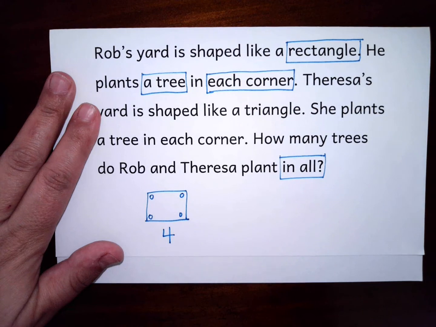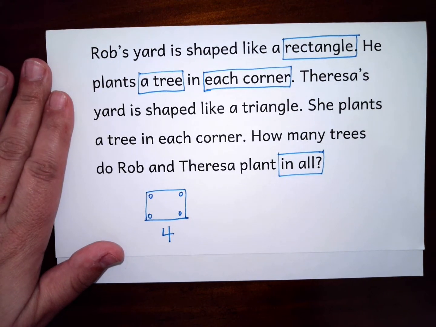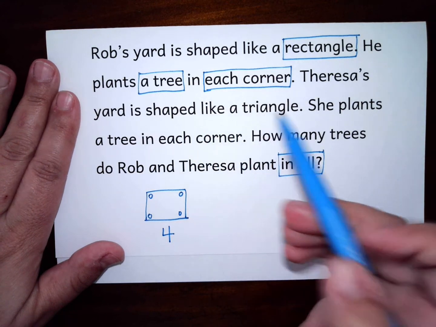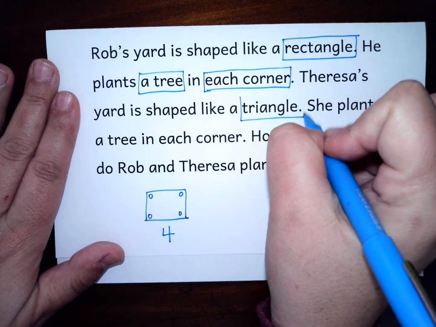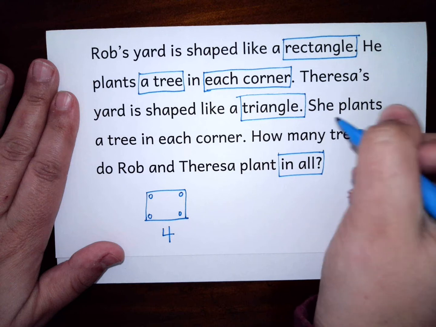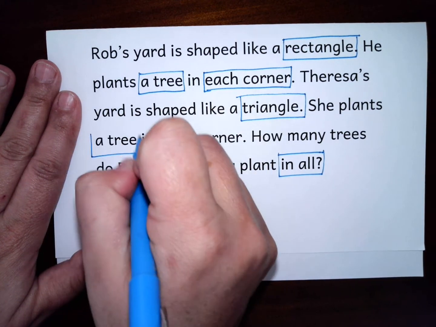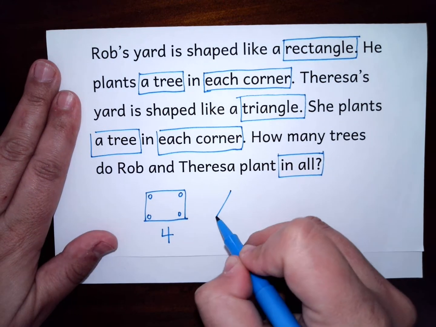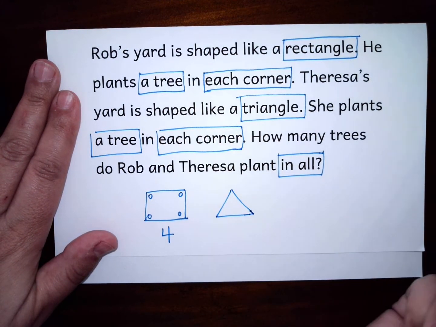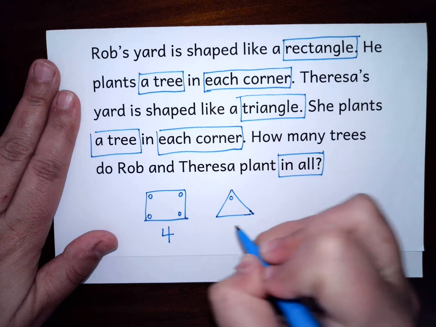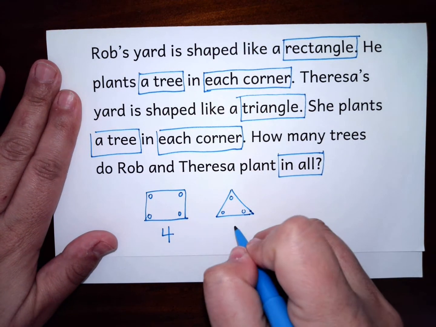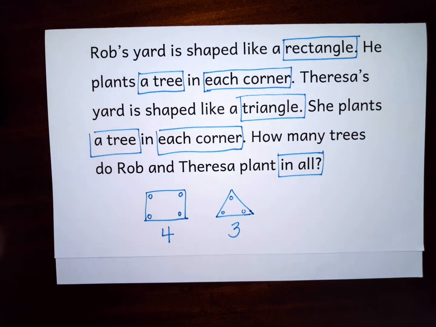It's 4. Now let's go back and see what we can figure out about Teresa's yard. It says Teresa's yard is shaped like a triangle, another math word. She plants a tree in each corner, just like Rob. So if this is Teresa's yard in her triangle, she has a tree there, there, and there. So that would give her 3 trees.